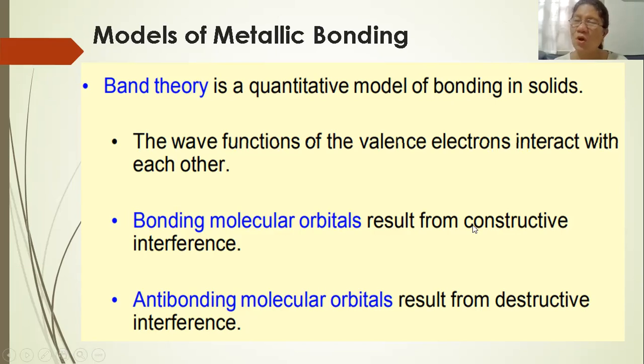The one which results in constructive interference is bonding molecular orbitals. The one that results in destructive interference is anti-bonding molecular orbitals. As you can see, mostly in this topic are all definitions of terms. This has something to do with materials. This will explain how metals and non-metals behave.